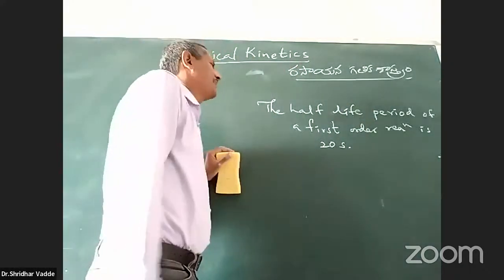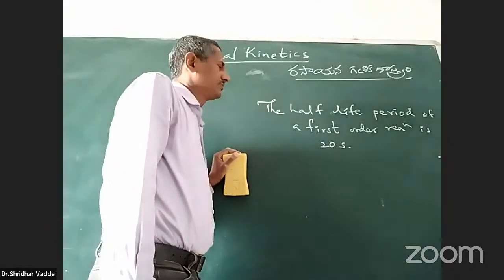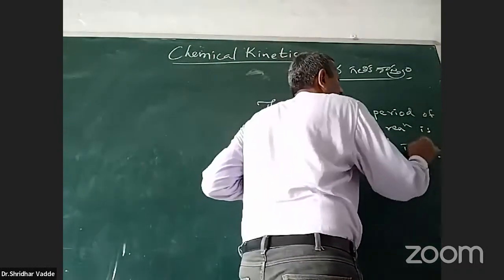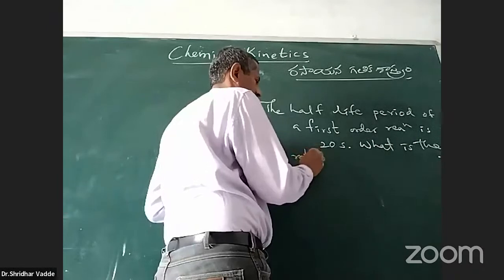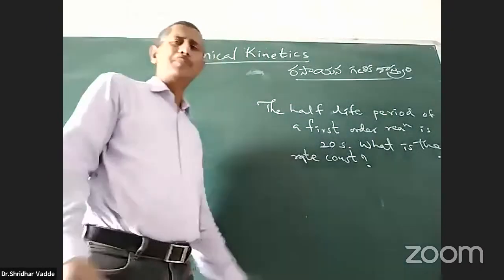The half-life period of a first order reaction is 20 seconds. What is the rate constant? Simple problem.